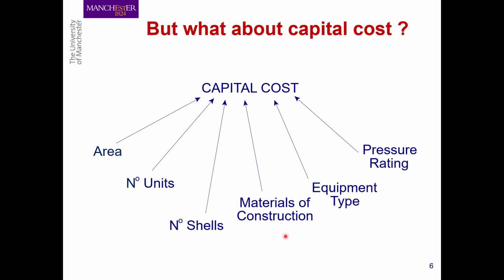It means that you have to build the shell or the tubes with thicker or stronger material, because it needs to withstand that pressure, so that is also going to increase the capital cost of the process compared to a heat exchanger that only requires normal thickness of the tube, or a low pressure heat exchanger.